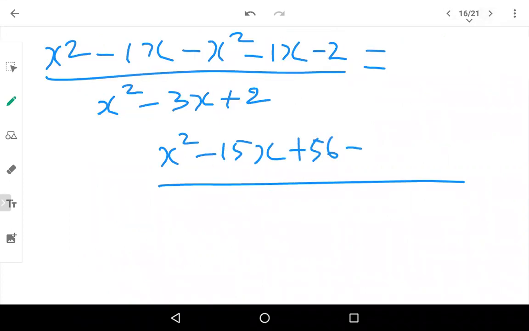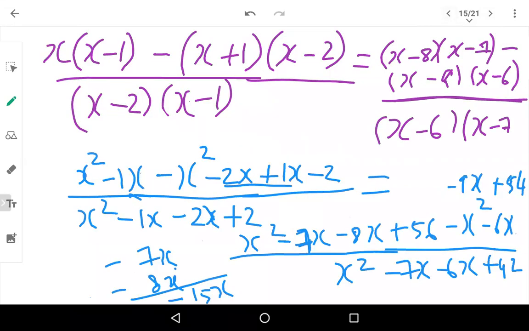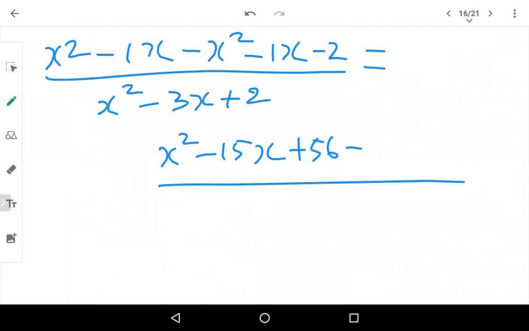Then in between you have minus. Then x square is there, minus 6x minus 9x. How much do you get? Minus 15x again.